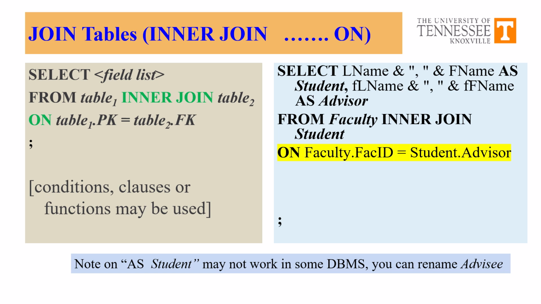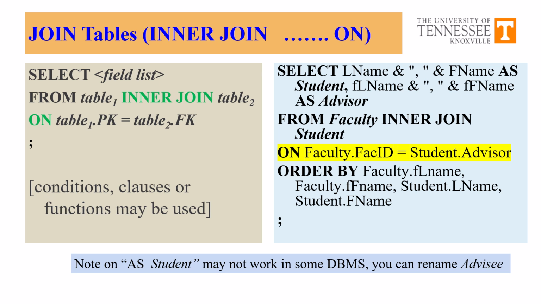Just note some DBMS may not accept AS student, so we might rename it something else like advisee. The results will give us a clean list of students with their advisors, sorted by advisor and student name.